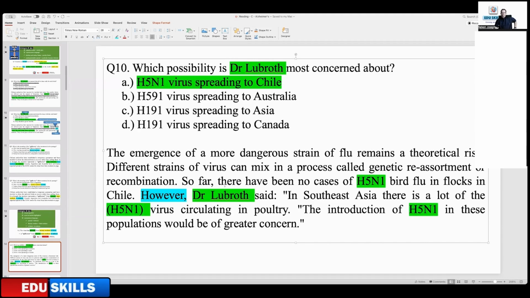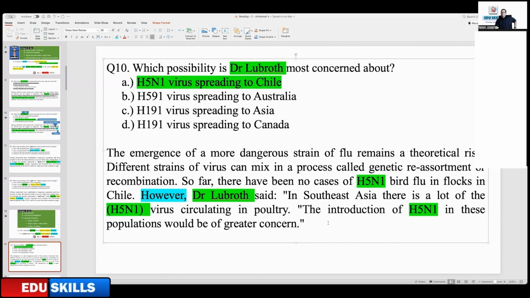So, for example, let me read it in a different way. So far, there have been no cases of COVID in Kerala. However, Dr. Vincent said almost in Karnataka and Tamil Nadu, there are a lot of COVID cases circulating.